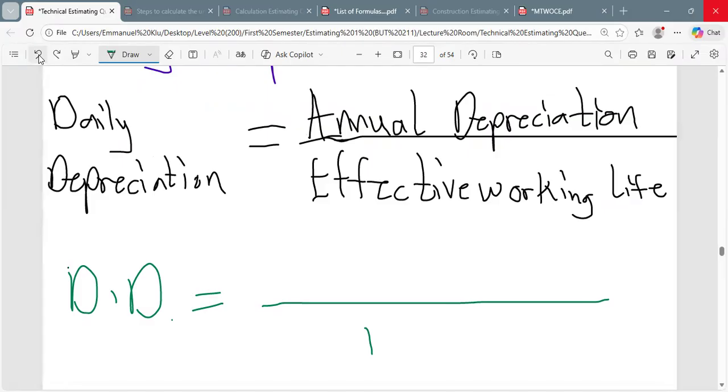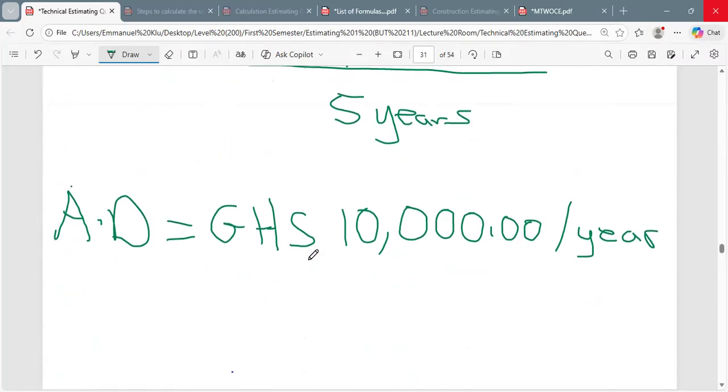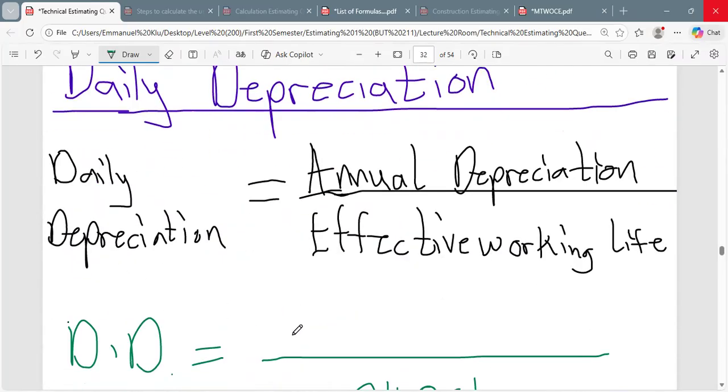So let's say 2,400 hours. And the annual depreciation, we had 10,000 per year.